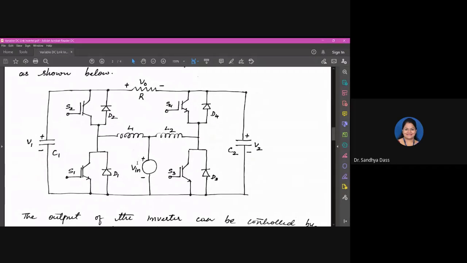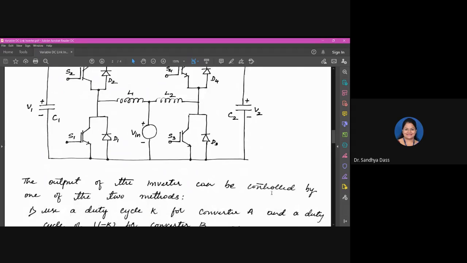So S1, S2, S3, S4 are the transistors, and D1, D2, D3, D4 are the feedback diodes. L1 and L2 are the inductors, which are connected in series with the source, and capacitors C1 and C2 provide constant input.